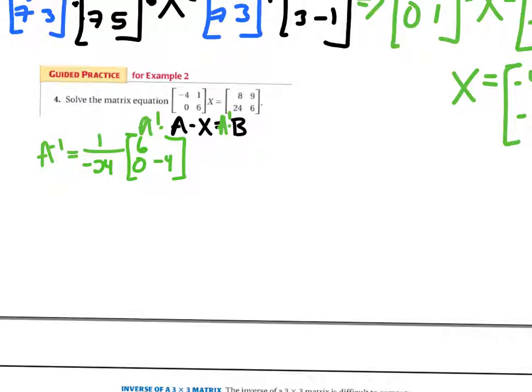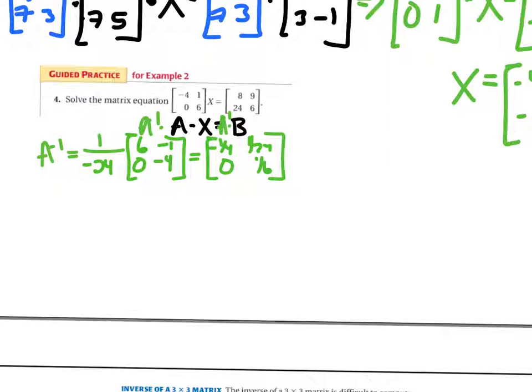Well, 0 can't be positive or negative, so that just stays 0, but you get a -1 up here. Multiply that 1/24 through your matrix, and you will get a -1/4. It's really 6 over 24, and I'm reducing it to 1/4 right away. You get a positive 1 over 24 in this position. 0 here, and 4 divided by 24 is 6, so you get a positive 1/6 there. That is your inverse matrix.